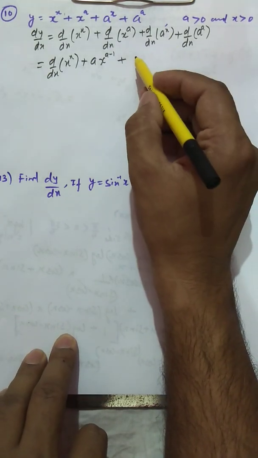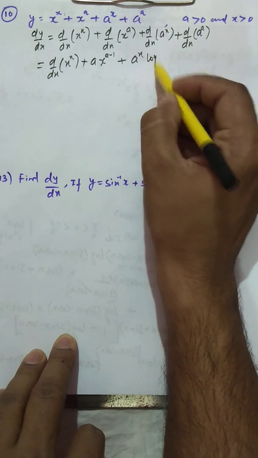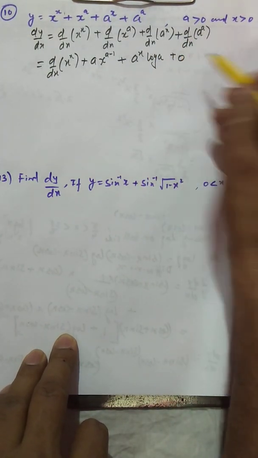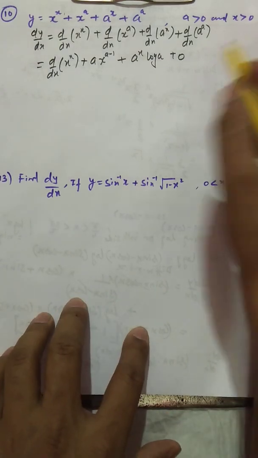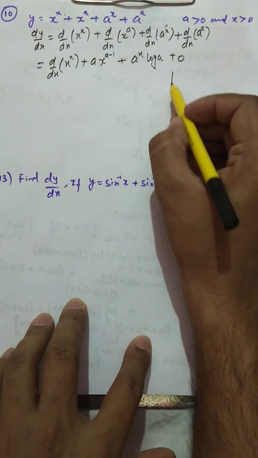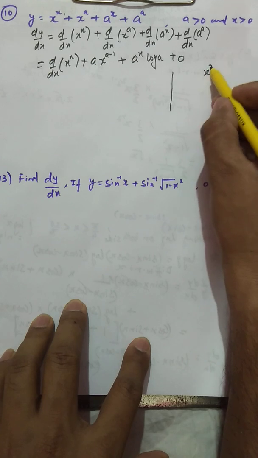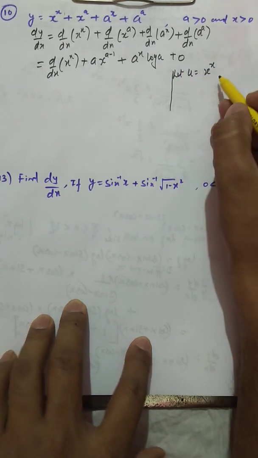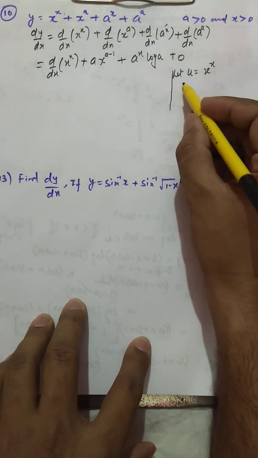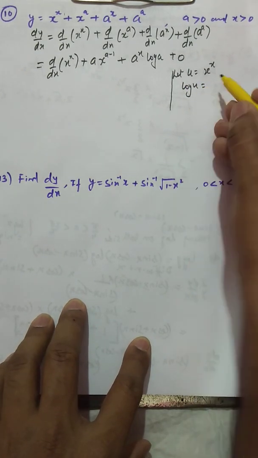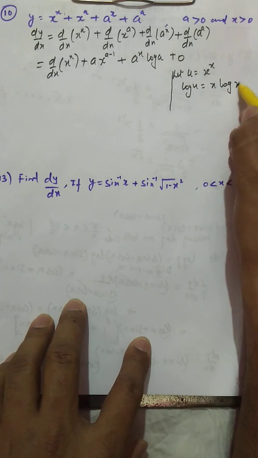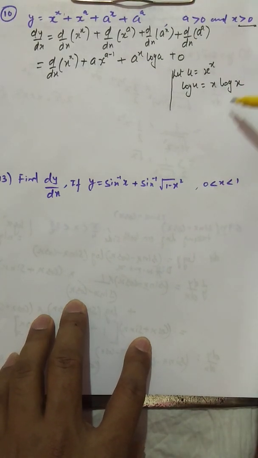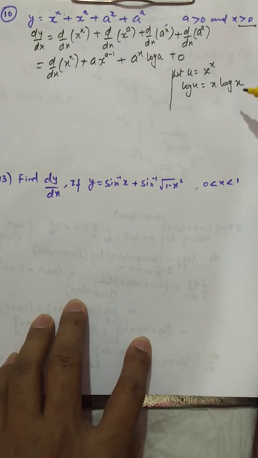So the derivative of a to the x is a to the x log a, and this a to the a is completely a constant, so its derivative will be 0. So now we have to just solve that x to the x. So taking this as, let's say, u equal to x to the x. So take log u, this will be x log x. It's already given that x is greater than 0, so there is no need to mention any mod or something.